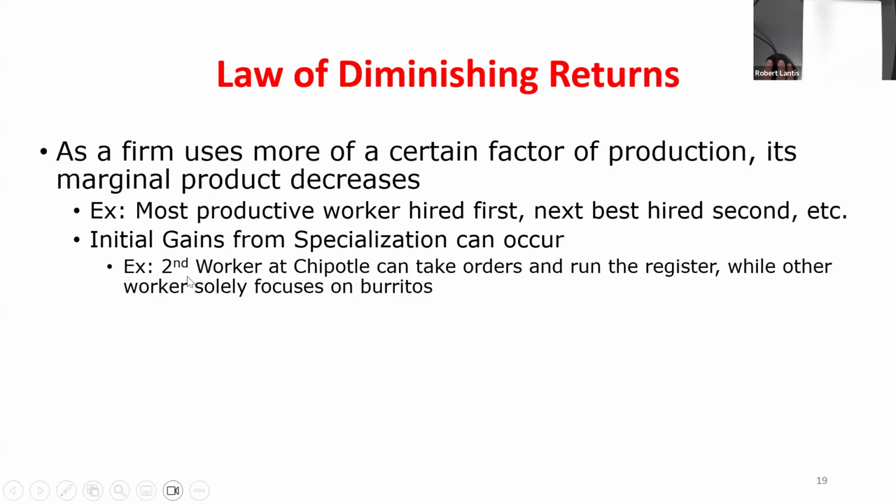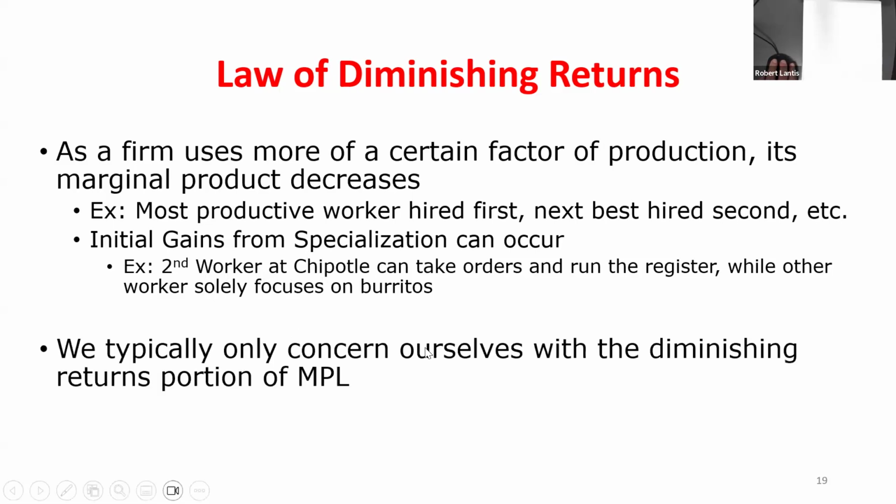So when we initially hire low quantities of labor, a low number of workers, we might actually see that as I hire more workers, the marginal product of each worker is going up a little bit because they're specializing in the production process. Okay. So we typically only think about the portion of the marginal product of labor curve that's diminishing, because ultimately we want to know how many workers I should hire.